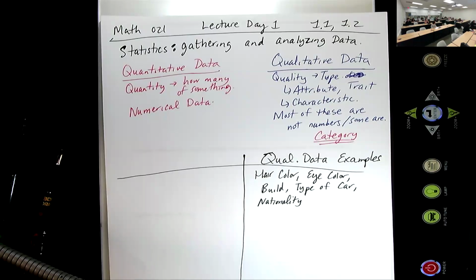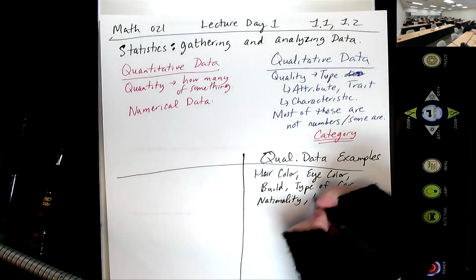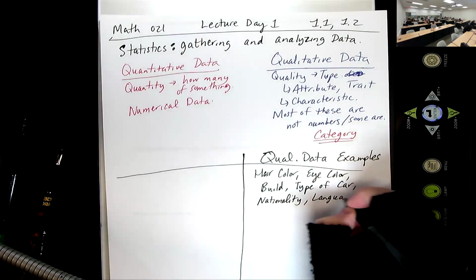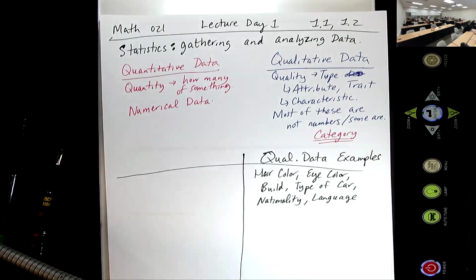The language you speak, that will work. That is a different type of category, not necessarily nationality. Would it be like even numbers, odd numbers as a different category? We could.